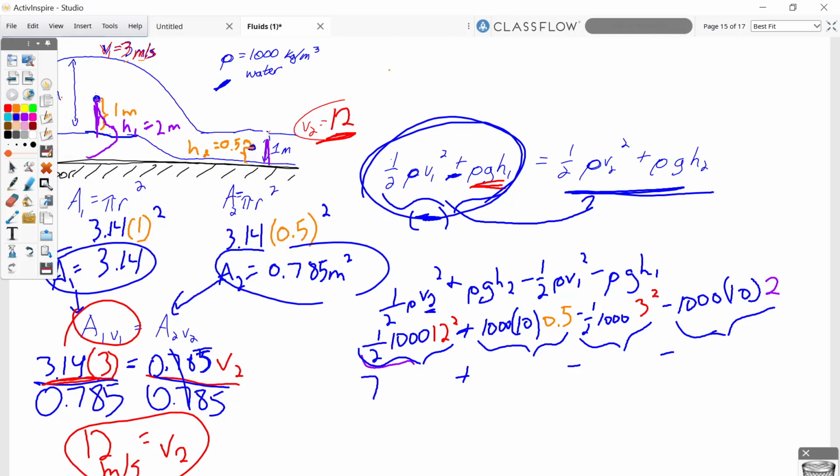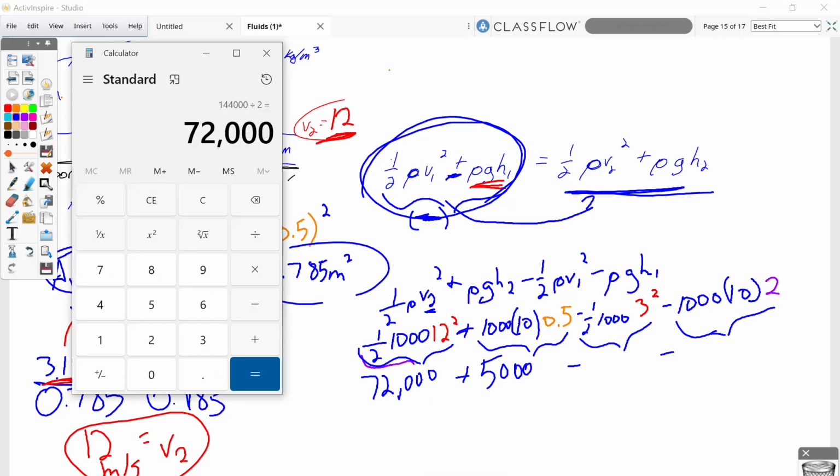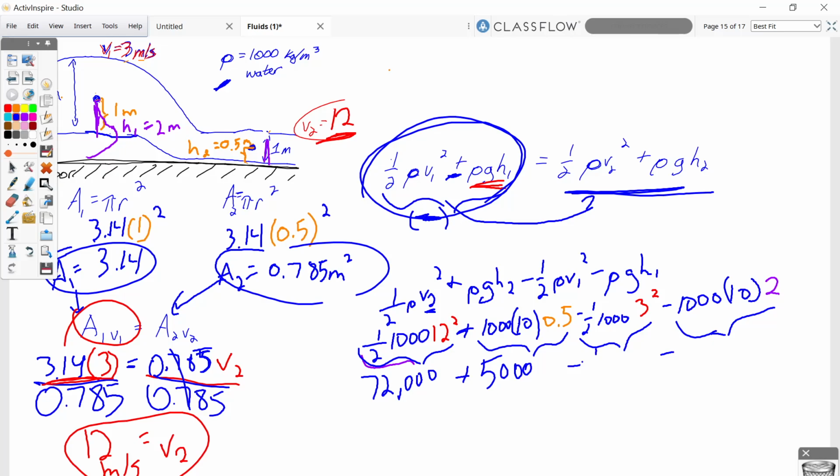This is 72,000, right? 1,000 times 10, that's 10,000. Half of 10,000 is 5,000. 3 squared, 3 times 3 is 9, times 1,000 divided by 2 gives us 4,500. And 1,000 times 10, 10,000 times 2.